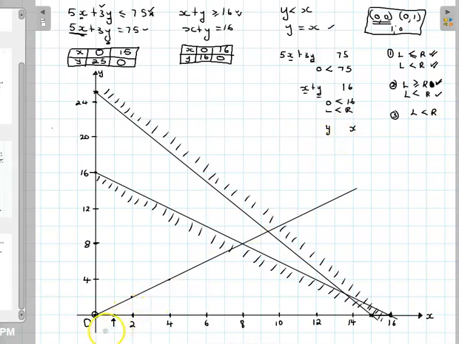So we are using this point. This point is 1 for x and 0 for y. There's 0 here and then there's 1 here. So which makes the left hand side less than the right hand side.